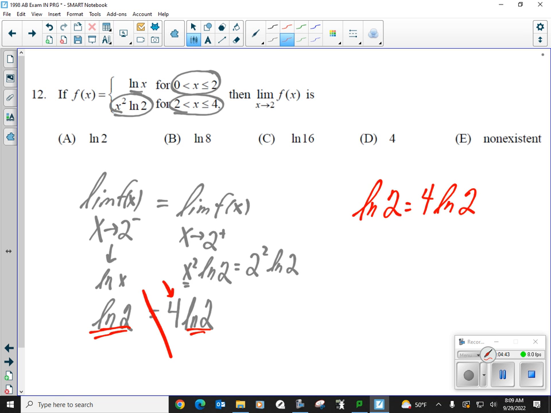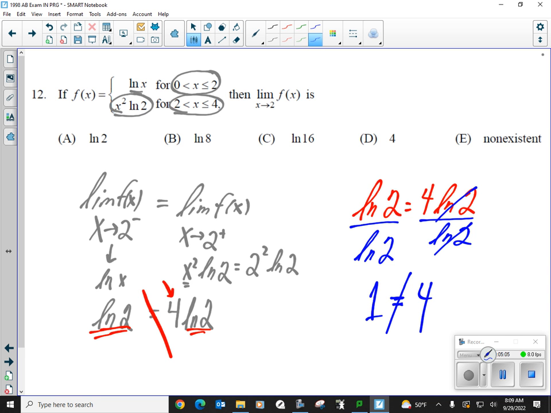Let's divide both sides by the ln of 2. I now have 1 equals 4. What is our rule when the variables go bye-bye? Either the numbers are equal and everything works, or the numbers are not equal and nothing works. Since these are not the same, there cannot be a limit at 2. It is non-existent.